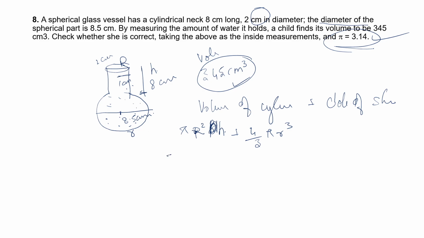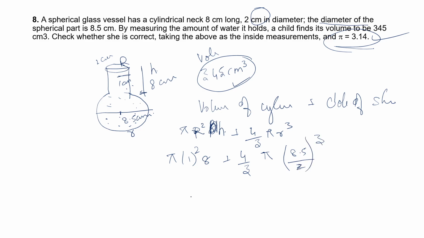8.5 by 2. You can directly substitute as pi into r square, volume of the cylinder. R square is 1 square into h is 8 plus 4 by 3 into pi into r cube. What is r? 8.5 by 2, diameter is given.